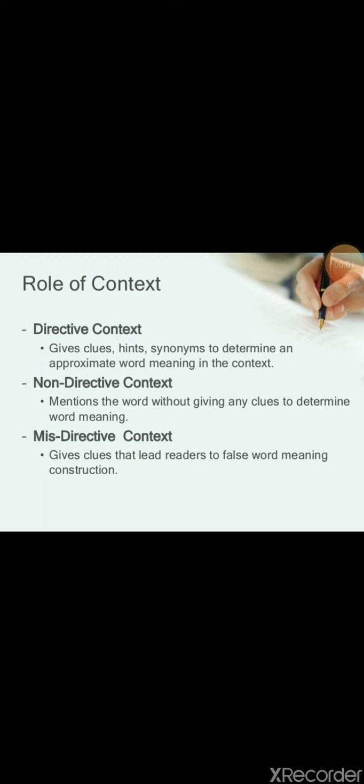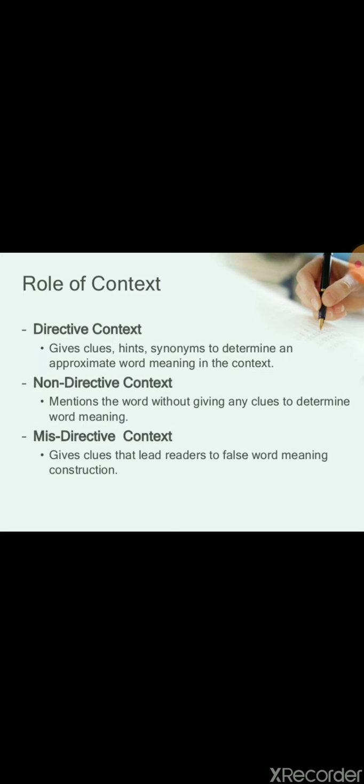Okay, so being able to effectively communicate both verbally and in writing is a very important skill to develop. As we are talking about the context, a lot about the meaning, the idea. Okay, so directive context, what is that? It gives a clue, hence synonyms, to determine an approximate word meaning in the context.